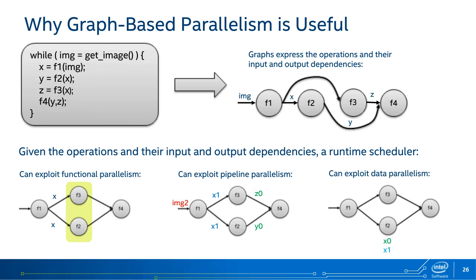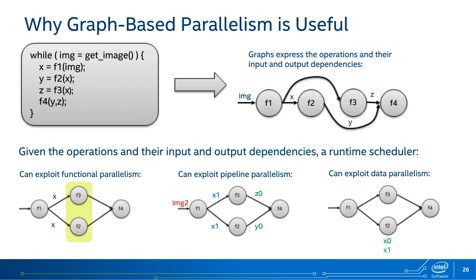I'll go into the details of the syntax on the next slides. This is just a high-level picture of what we will do with the TBB Flow Graph API. We have equivalent things here: the serial implementation on the left and this description as a graph. Once we describe the dependencies as a graph, we have given the operators and their input-output dependencies, and a runtime scheduler like TBB can exploit many different kinds of parallelism.